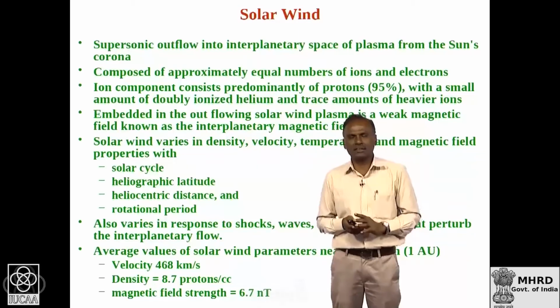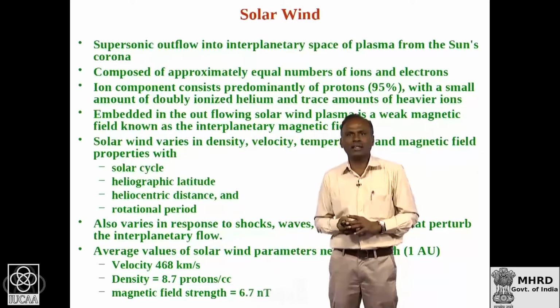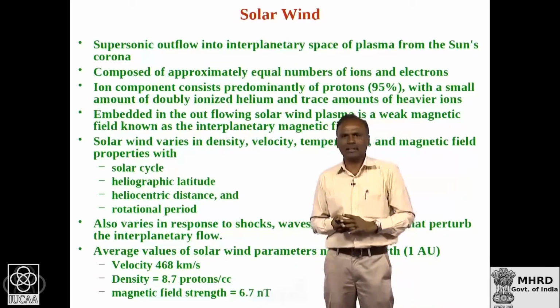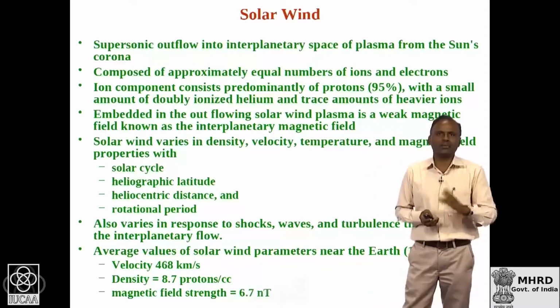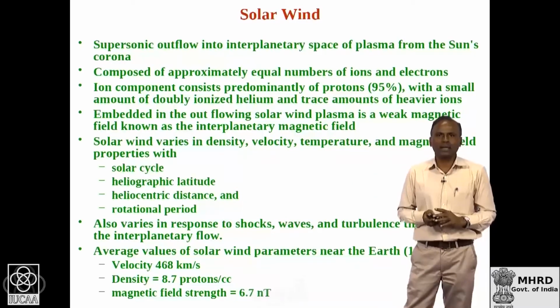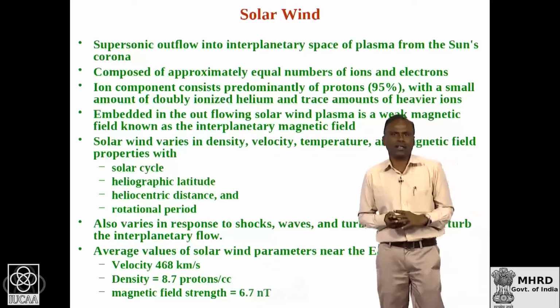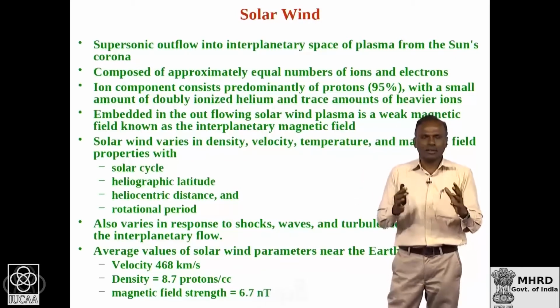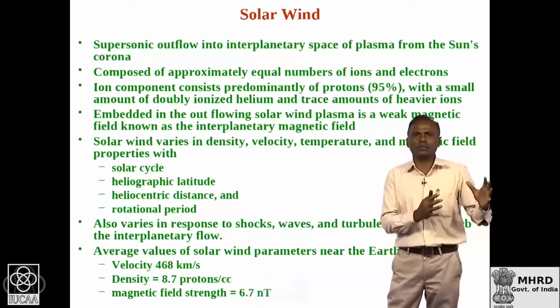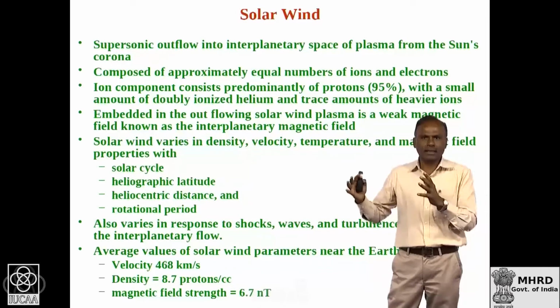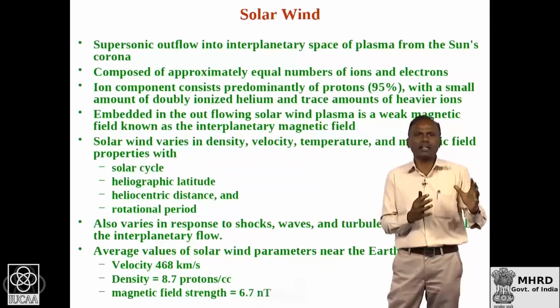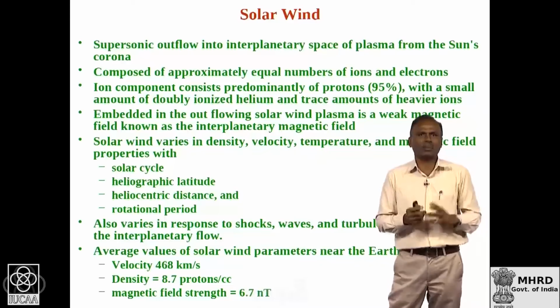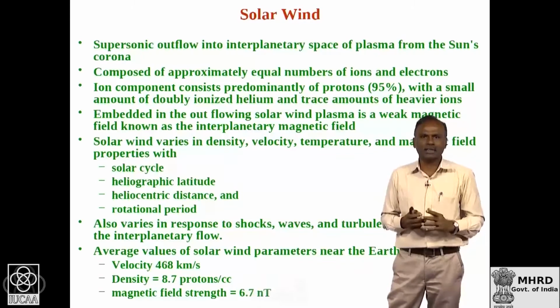The ion component consists predominantly of protons, something like 95%, with a small amount of doubly ionized helium and a trace amount of heavy ions. The solar wind, when it flows from the corona, carries the solar magnetic field known as the interplanetary magnetic field.